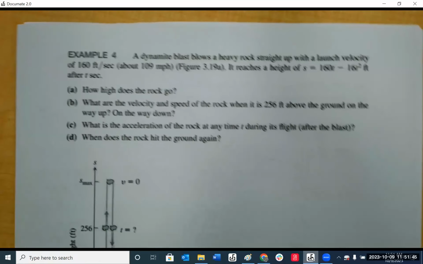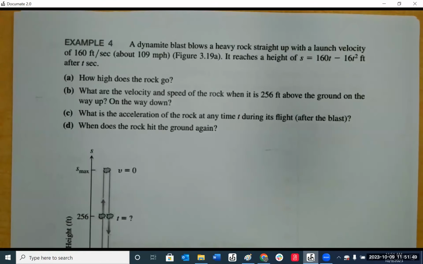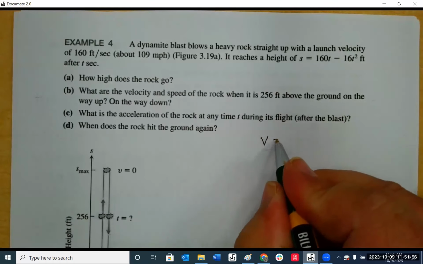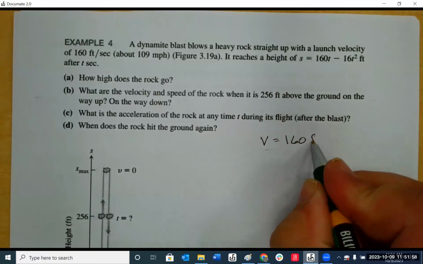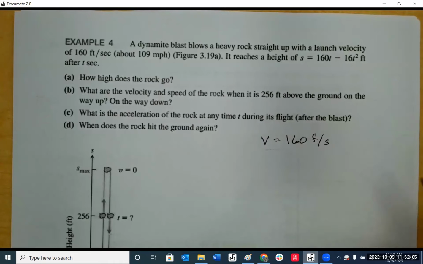Okay, let's do example 4. A dynamite blast blows a heavy rock straight up with a launch velocity of 160 feet per second, as the picture shows.